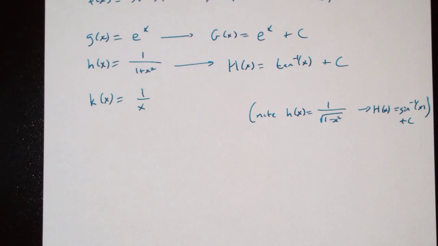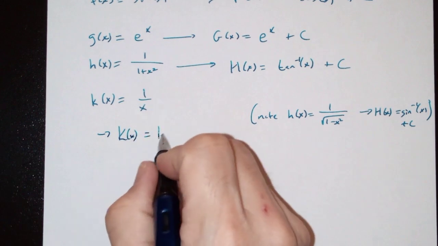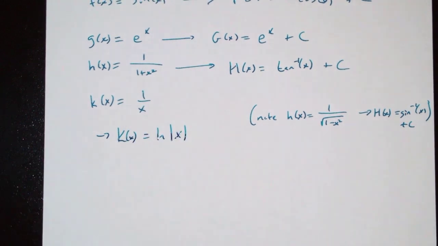If I really want my function to cover all of the same domain, I need something that works on both sides. But I can only put positive stuff into an ln. We cheated when we were talking about the derivatives of ln back in chapter 3. We used an absolute value. So if I actually want to use ln of x, I need the absolute value of x to account for the fact that I'm allowed to use negatives.